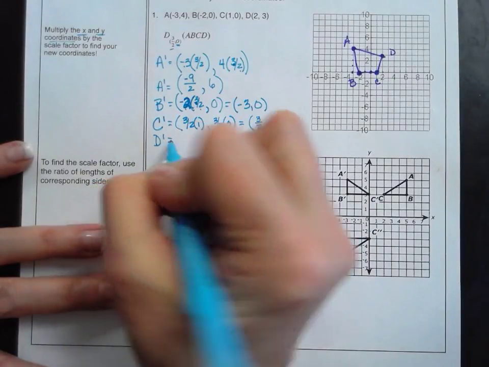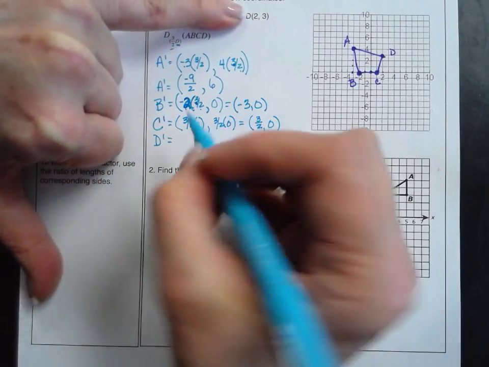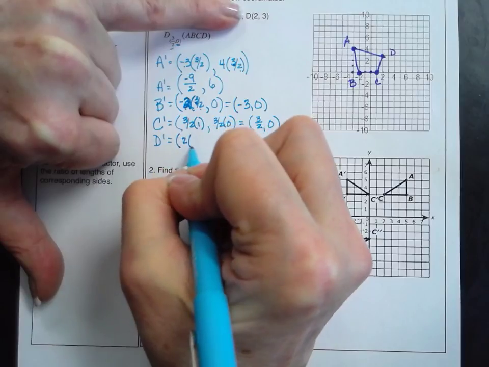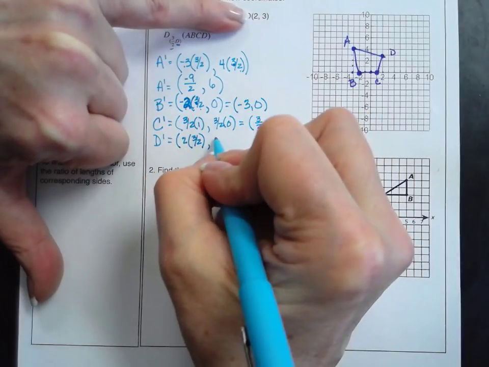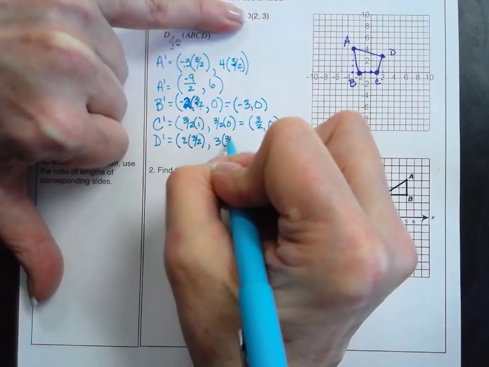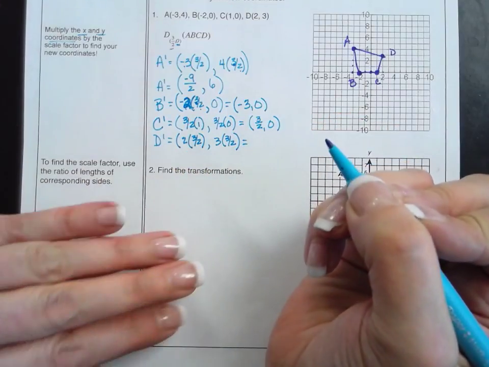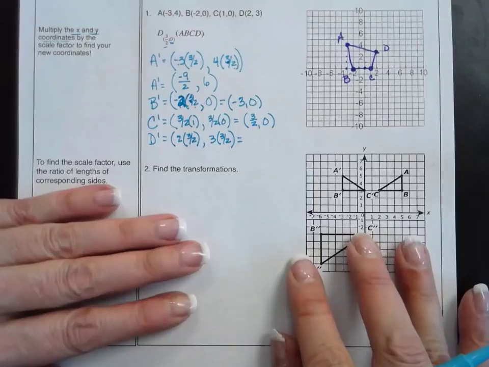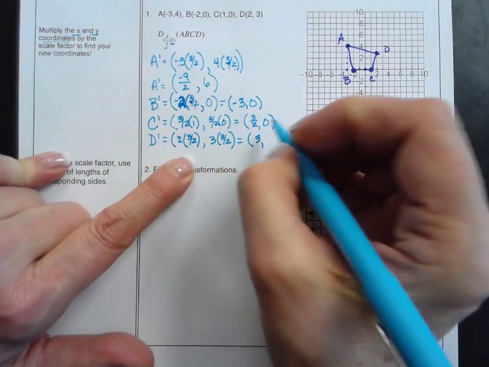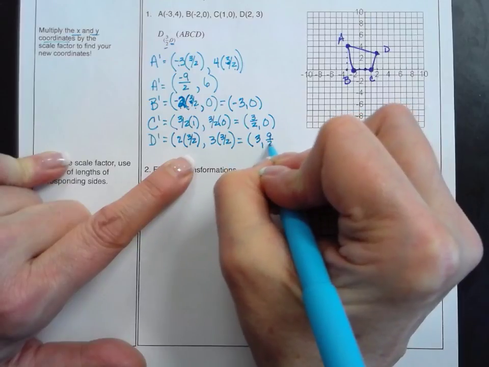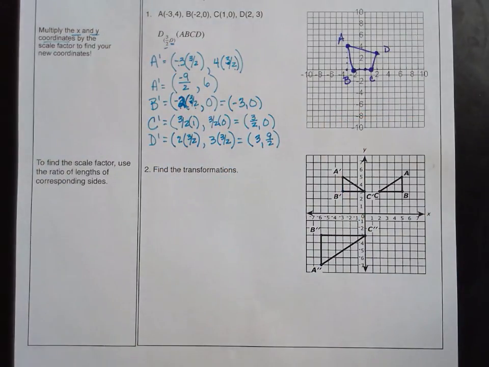And finally, D, I have 2 times 3 halves and 3 times 3 halves. And that's going to give me 3 and 9 halves. Not difficult, just kind of putsy.